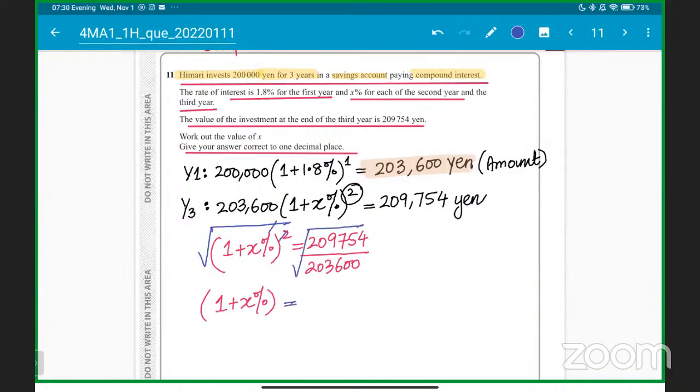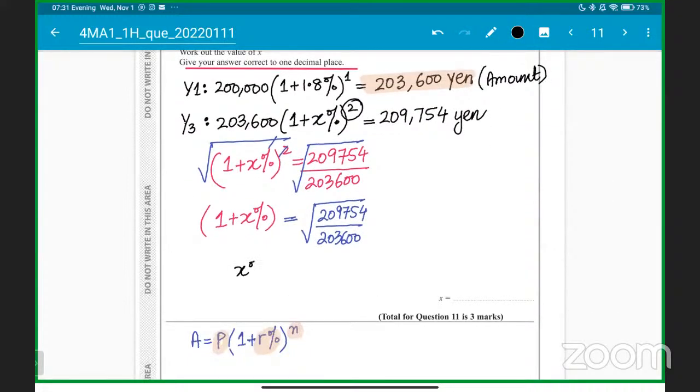So 1 plus X% is equal to the square root of 209,754 over 203,600. Then the last step: whatever you get from this, subtract 1 and multiply by 100 for the percentage, and you will get the X value. Okay, understood? Yes, sir.